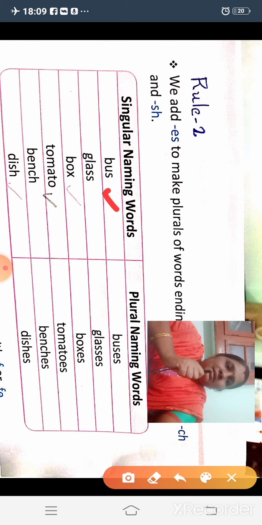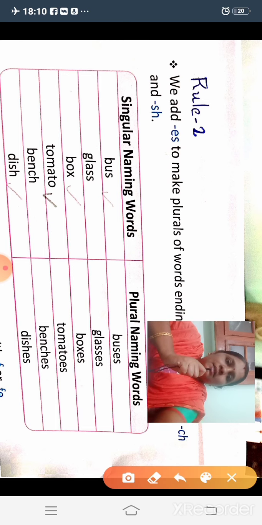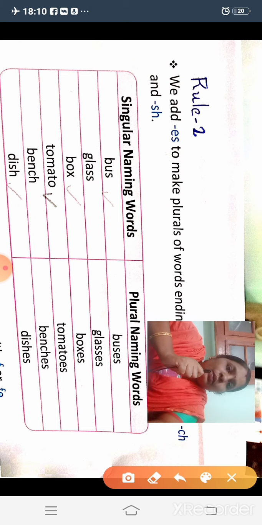Bus is a word that ends with the letter S. So we have to add es at the end to change it into plural form. Then look at the second word, glass. Here is a word that ends with the letters ss. Here also we have to add es at the end.